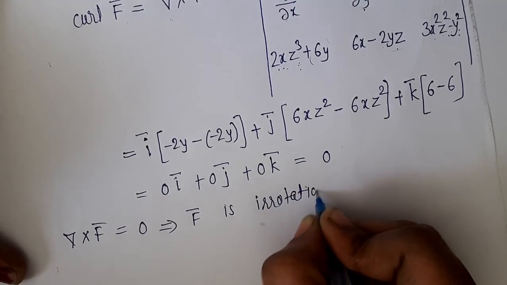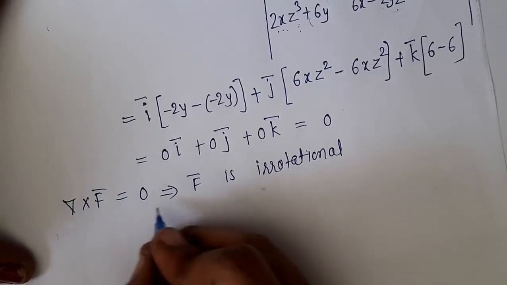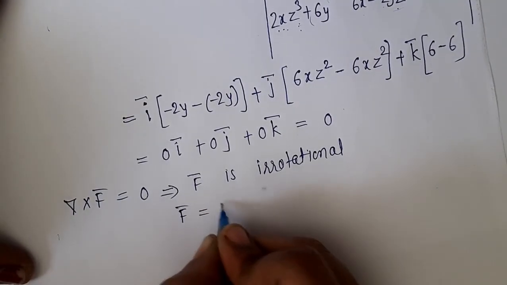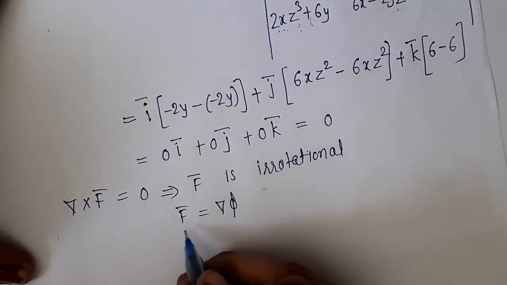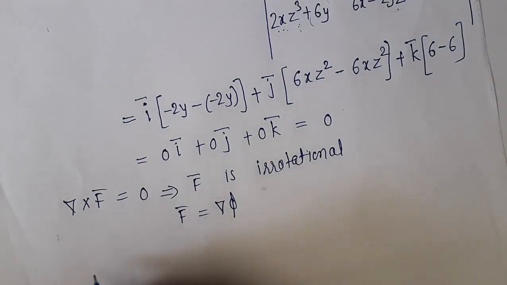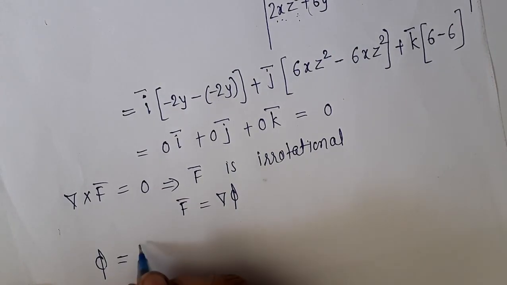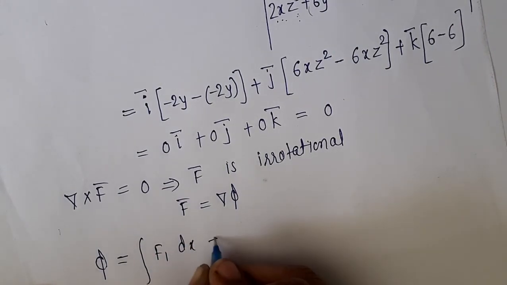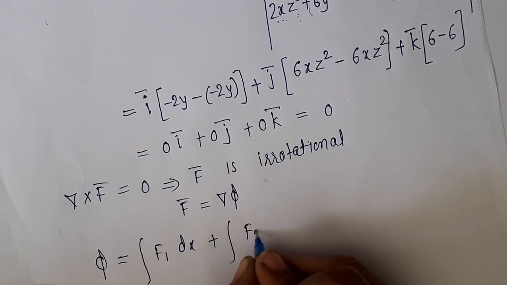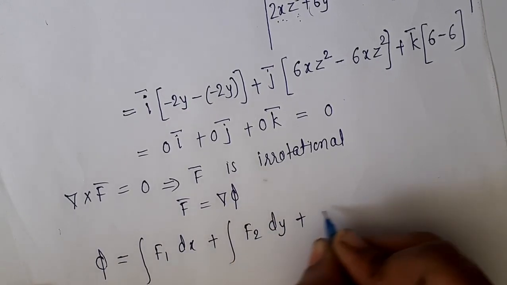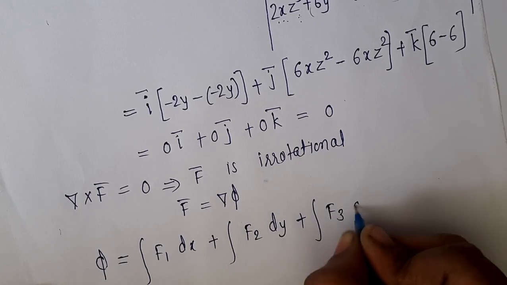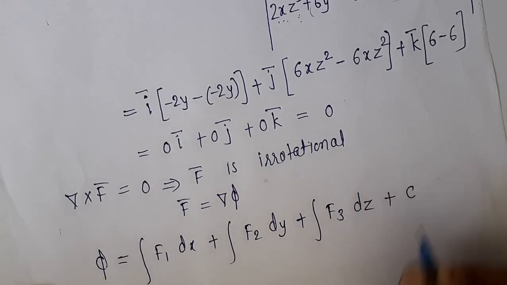Now if F is irrotational, we can write F as gradient of phi, and we want to find the scalar potential phi. What is scalar potential phi? It is the integration of f1 dx plus the integration of f2 dy plus the integration of f3 dz plus c.